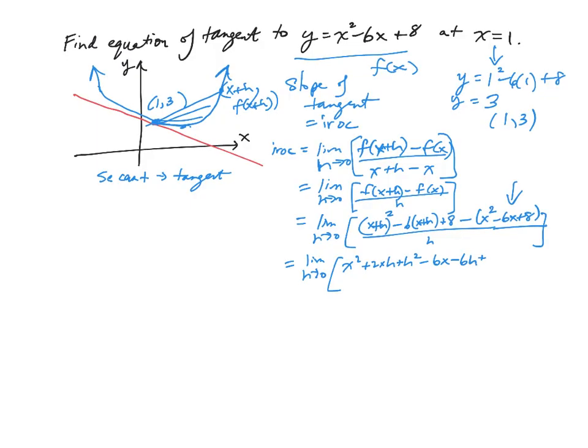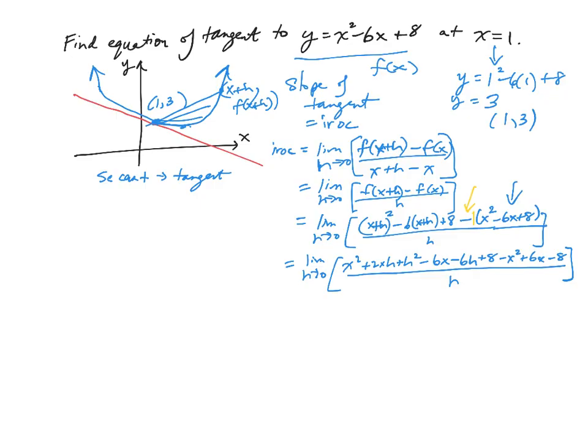So don't make that mistake. Minus x squared plus 6x minus 8. Don't make a mistake there either. All the signs have to change because of this minus sign. It affects all the terms in the bracket. This is like a minus 1, which you're distributing to all the terms.